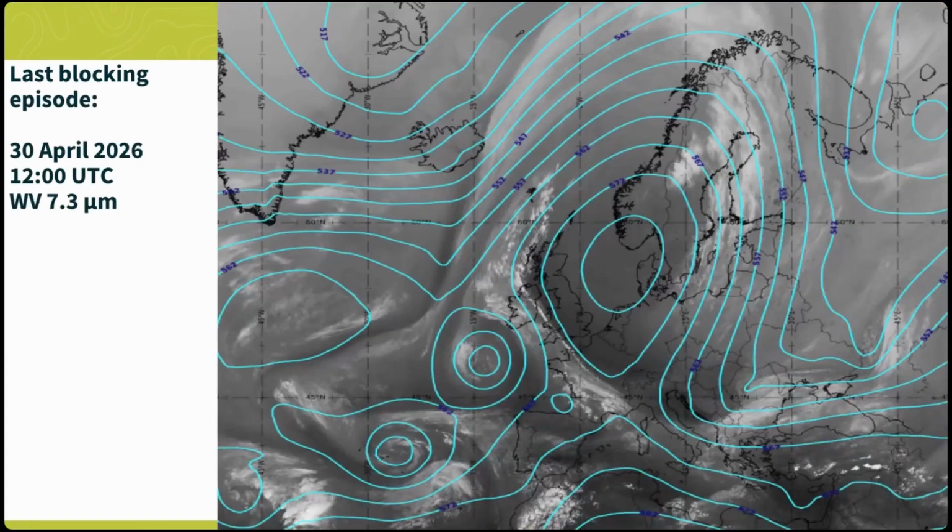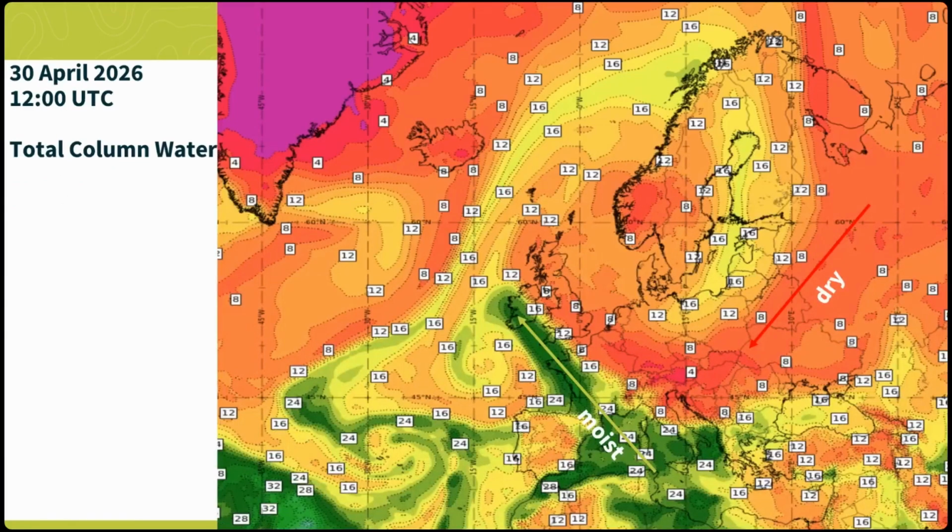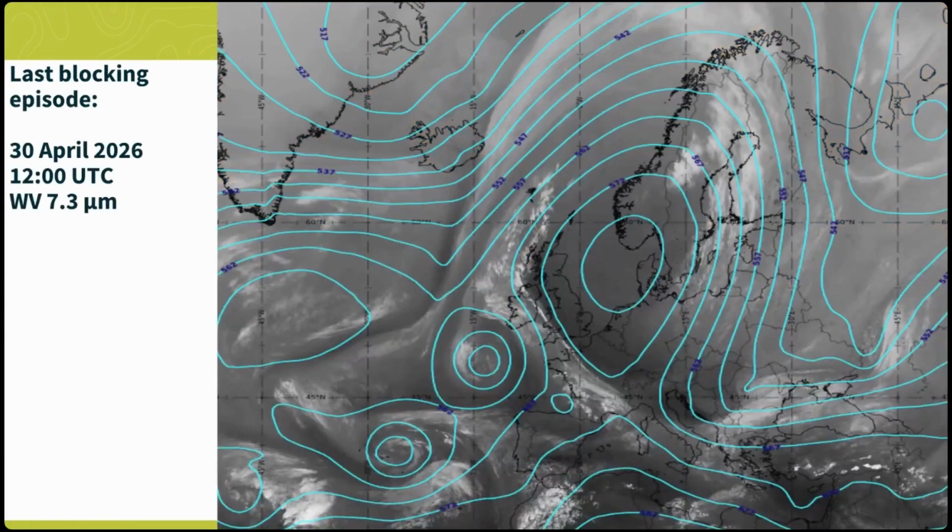So end of April, there was still this high pressure area here, as you can see here. Now it's moving, shifting a little bit to the north over the North Sea. Still, what we can see here, and sorry, I go back because I didn't mention what we see here, the water vapor image, and what we can clearly see in the water vapor image is if the air is dry or not.